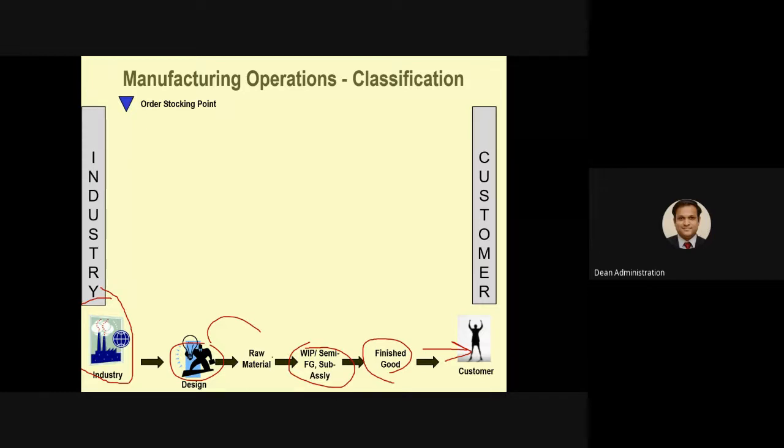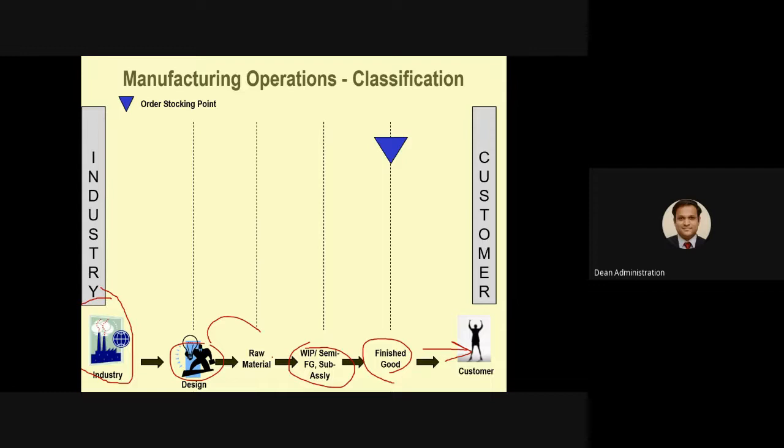Now we are going to see these four different types of manufacturing strategies, and in which part of this supply chain, what is this called? This entire thing that we just saw, right from industry to customer, that is basically called a part of a supply chain.